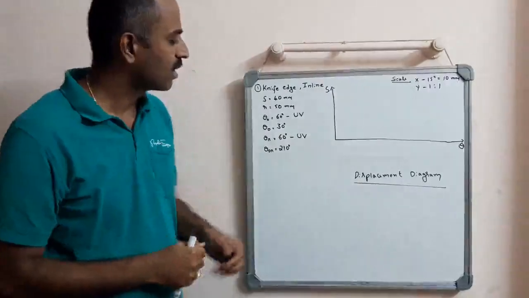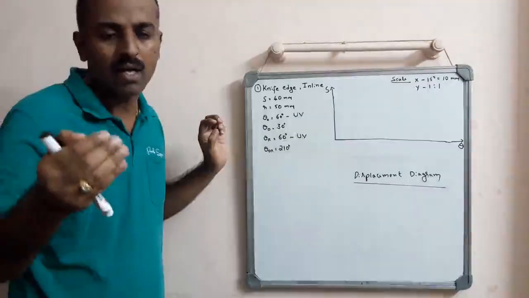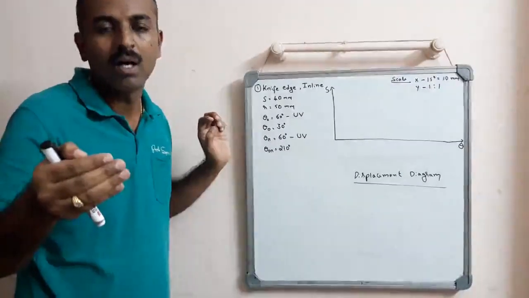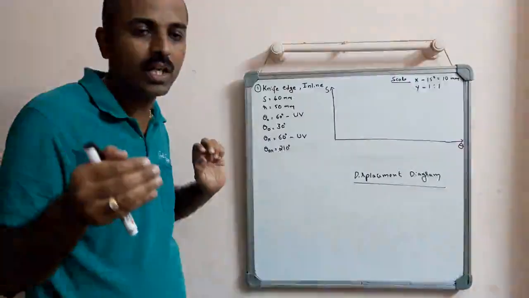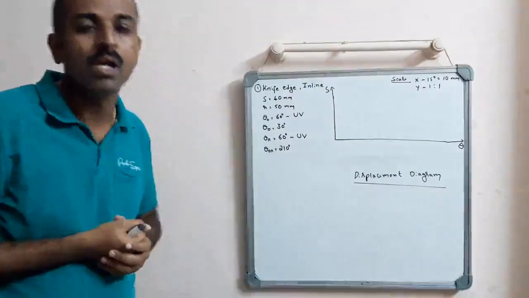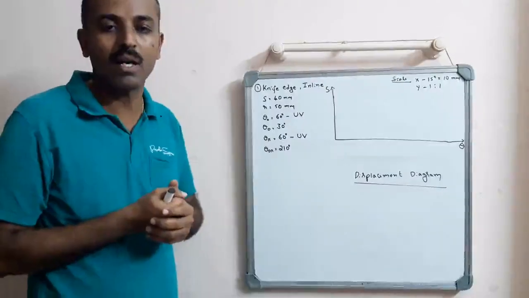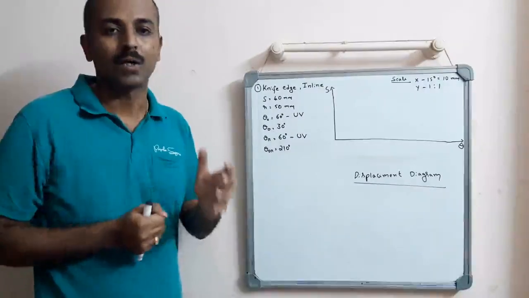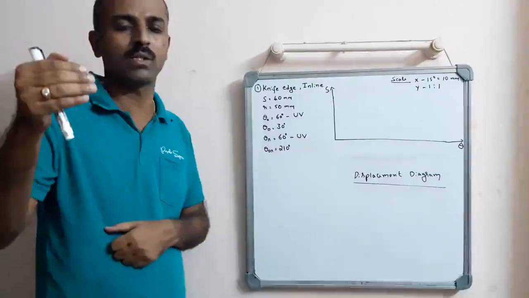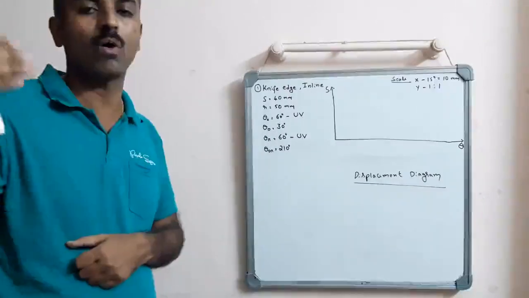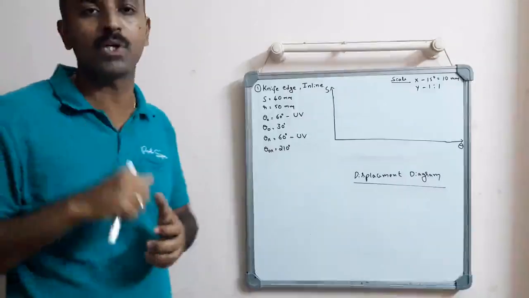After that, we know that there are four types of displacement motions: uniform velocity, simple harmonic motion, uniform acceleration and retardation, and cycloidal motion. Out of these four types, what type of motion the follower is having for outstroke and return stroke will be mentioned in the question.